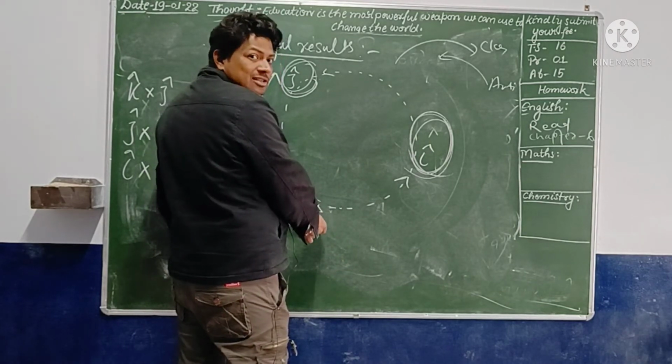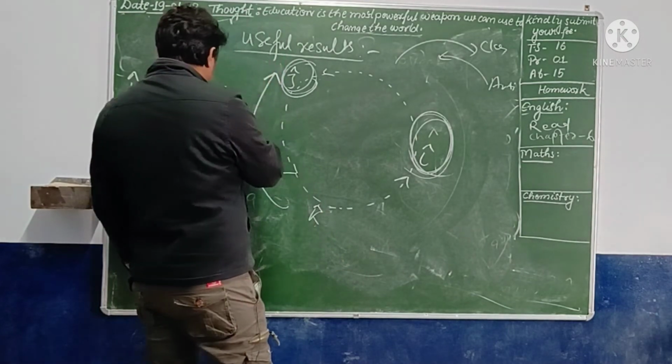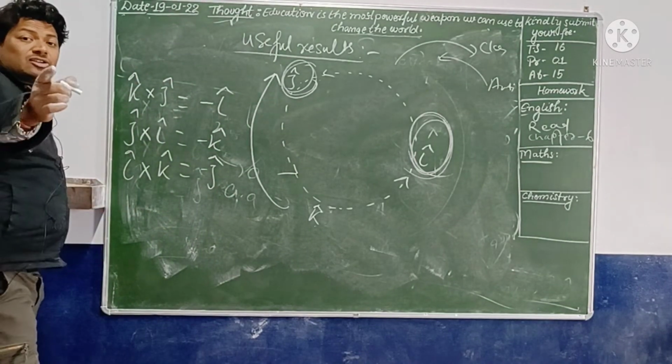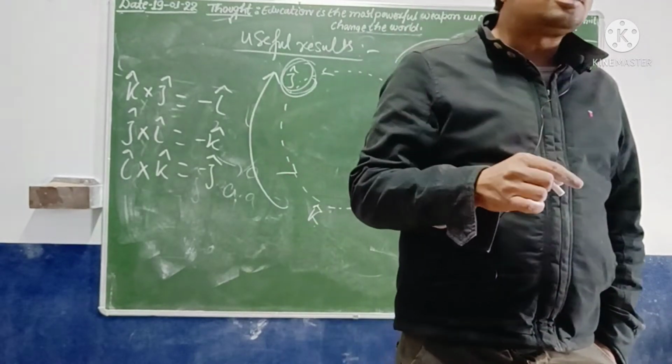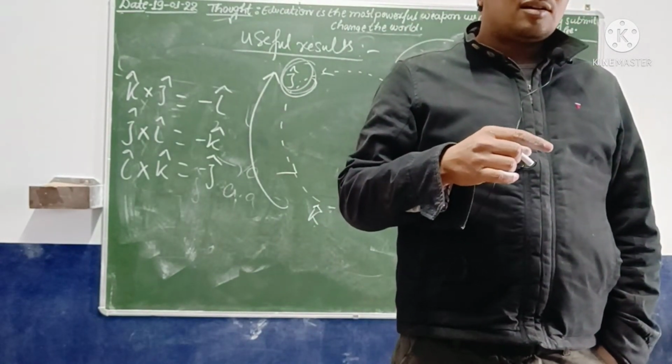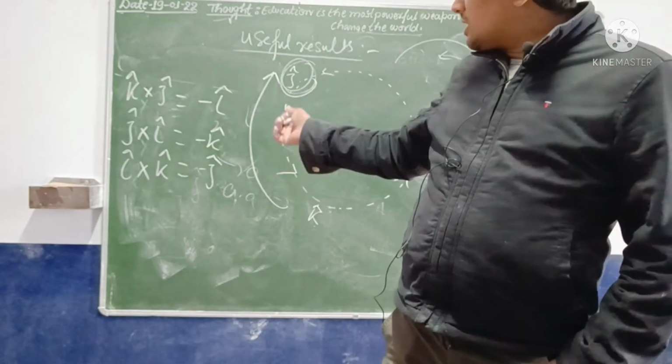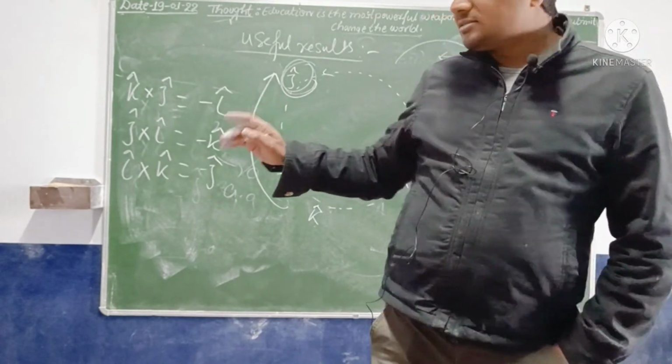What will be the remaining? Is it clear? And as I told, A cross B and B cross A, you are getting minus. So in the same pattern, you will get minus I, minus K, minus J.